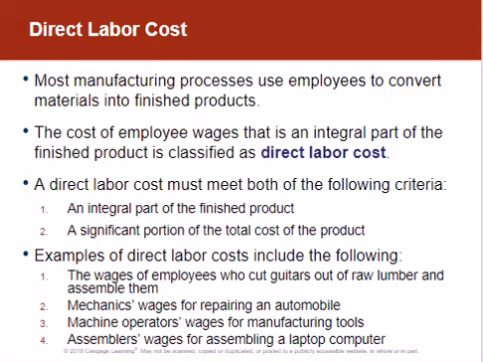Examples of direct labor costs include the wages of employees who cut guitars out of raw lumber and assemble them, mechanics' wages for repairing an automobile, machine operator wages for manufacturing tools, and assembler wages for assembling a laptop computer.